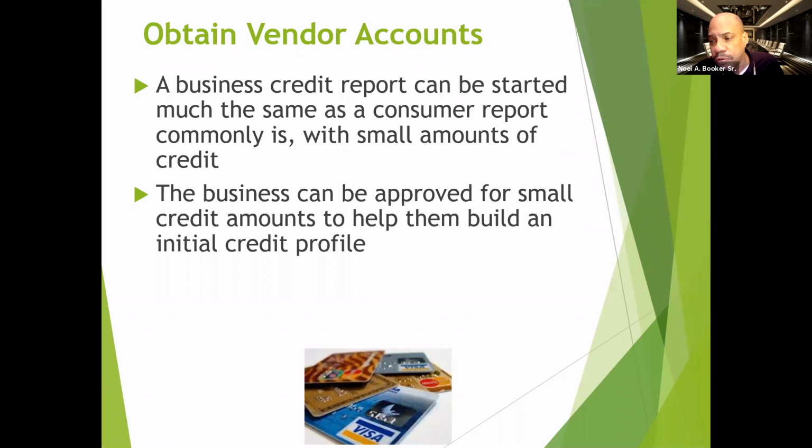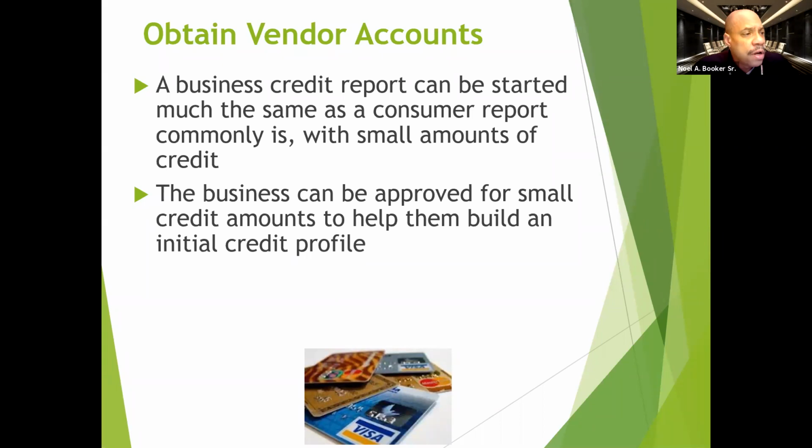That's pretty difficult because, one, not that many companies are going to give you credit when you have no credit, and two, only 10% of all businesses even report to the business credit reporting agencies because they're under strict requirements to be able to report. So most businesses don't even report. So now we have to find companies that are going to give us credit when we have none, and they're going to have to be able to report, right?